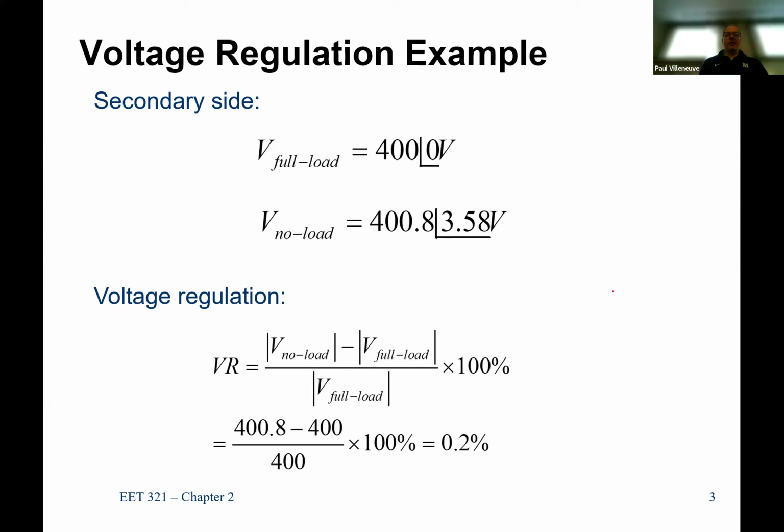So 0.2% would be considered a pretty low internal impedance. The other thing to note is that these are magnitudes only, okay? You don't do percent voltage regulation on angle, that has no bearing on what you're doing. You do have some angle change here.